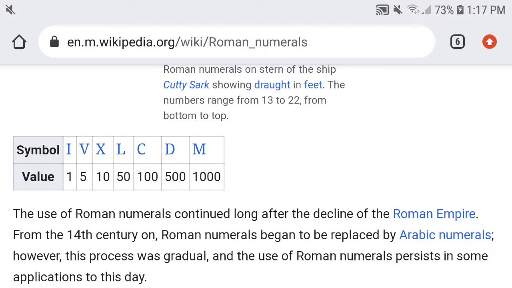How would you say 10,000 then? Will you just go 10 M's, like M, M, M, M, M, M, M, M, M, M? That sounds not right, right? But then again, what's the use of it? Where will it be used?